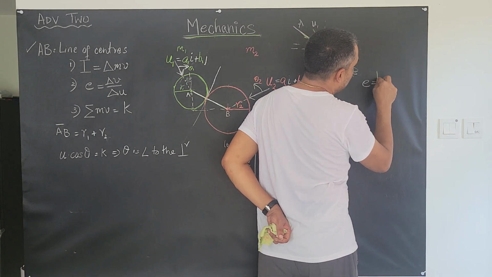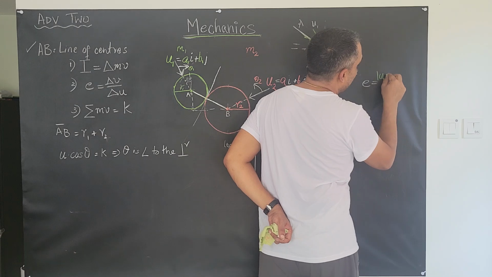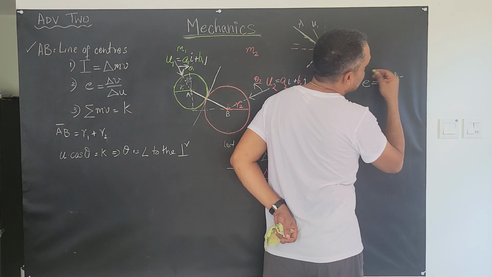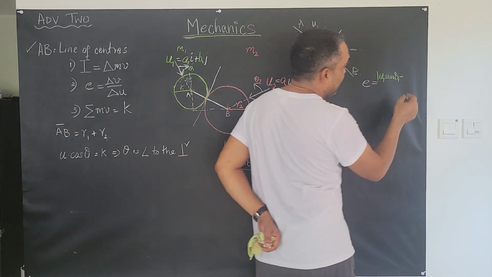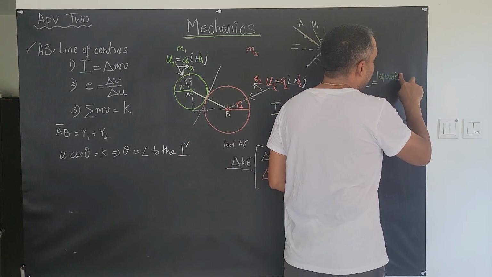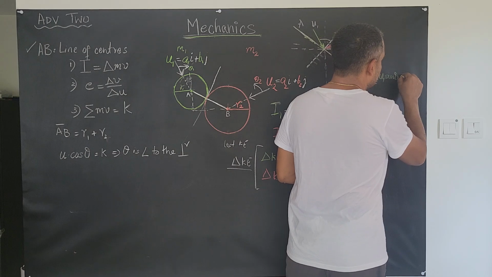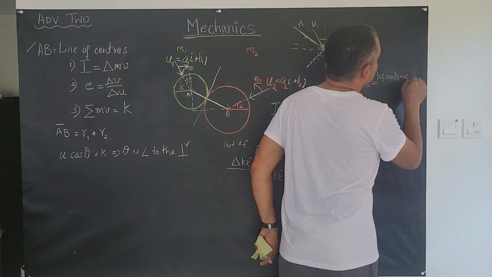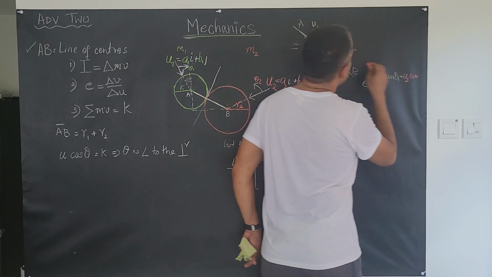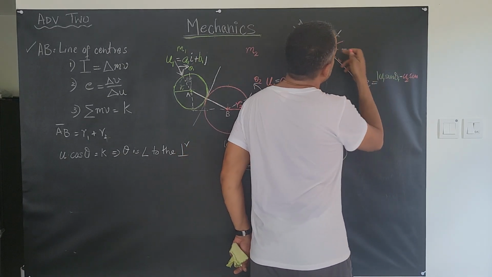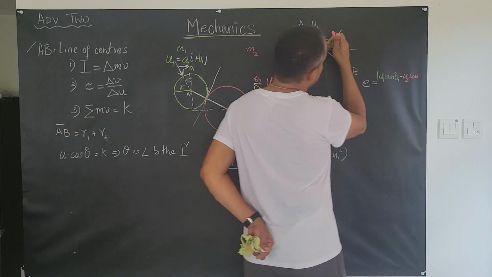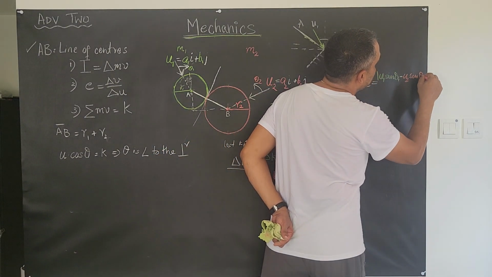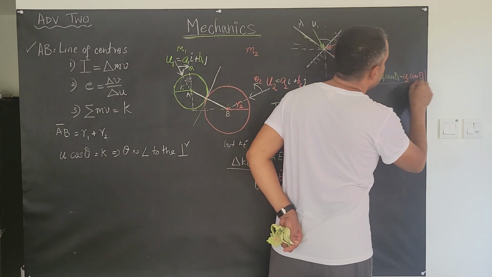So this will give you the speed, and you could do this as U1 sine theta 1 minus or add, depending on the direction. So this is where you have to be very careful. U2, now separation, so this is still approach, so your vector is very clear, sine theta 2.